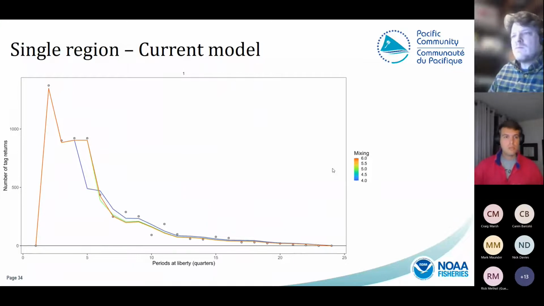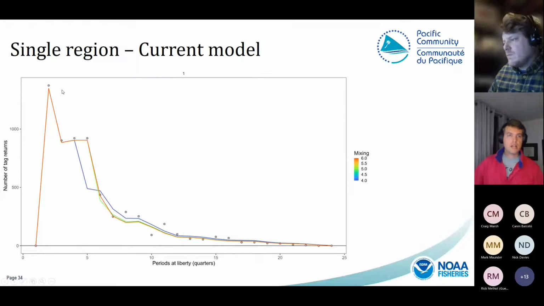In terms of the fits to the tagging data, the reason I show this slide is that for models with tagging data, 4 was the smallest mixing period, then 4, 5, and 6.